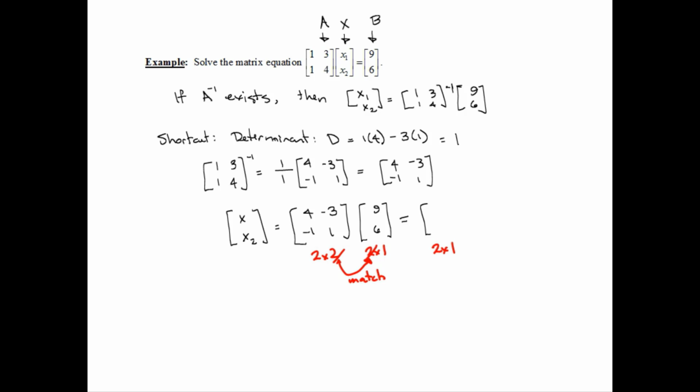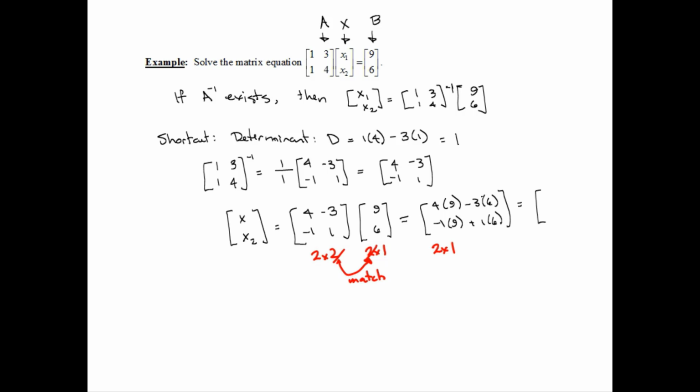Let's work out the multiplication. If we do the first row by the first column, we're going to get 4 times 9 minus 3 times 6. When we do the second row times the first column, we get -1 times 9 plus 1 times 6. Work this out.